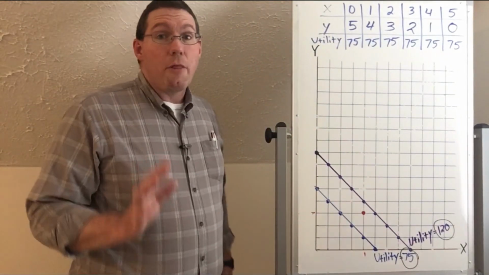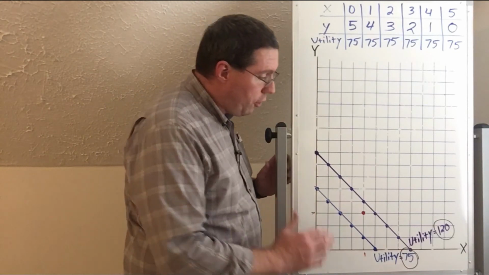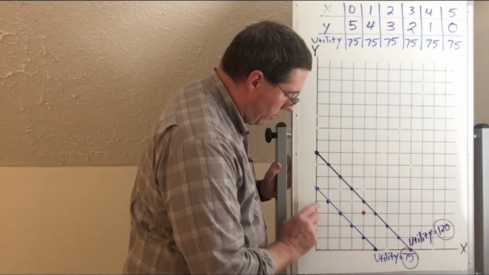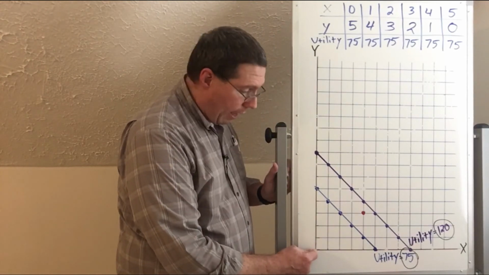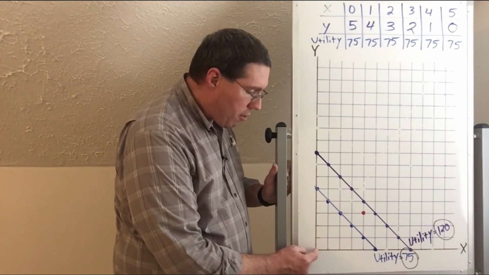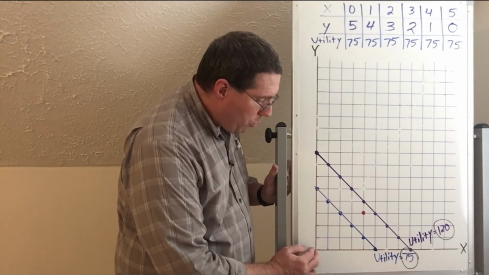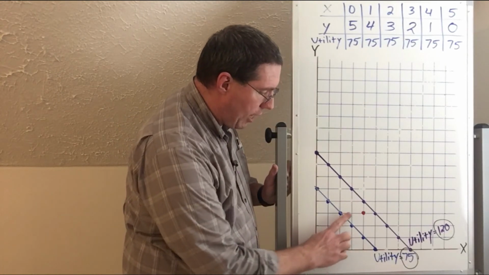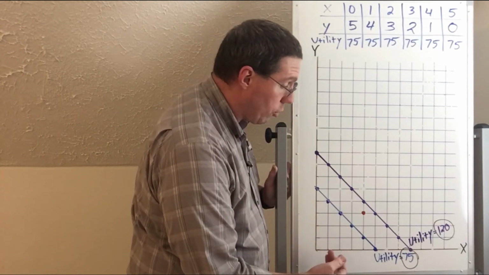Okay? All right, now the last thing that I want you to see with these indifference lines is a very important idea. As we start here, down here at 0, 0, this is the point of zero utility. And as we move in this direction out from the origin, the utility is getting larger and larger.